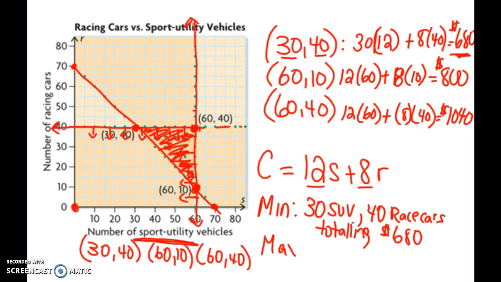Where the max is $1,040. So the maximum would be 60 SUVs and 40 race cars, totaling $1,040.